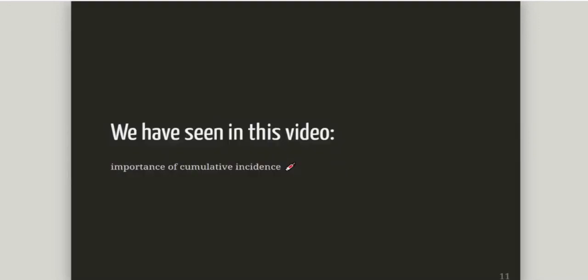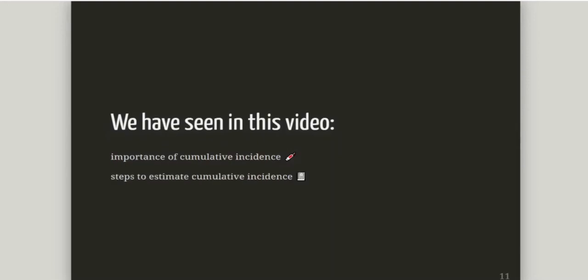So in this video, we have seen the importance of cumulative incidence. We know the steps to calculate the cumulative incidence. It's a very simple formula, and it's a proportion, so we multiply the output by 100, and it gives us a figure which is quite easy to understand.